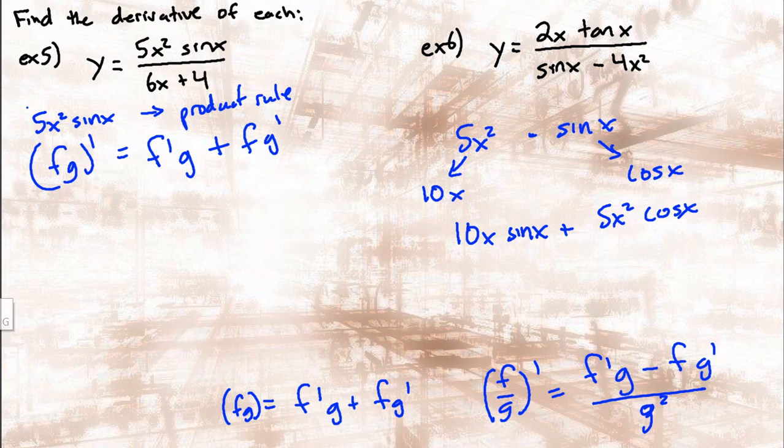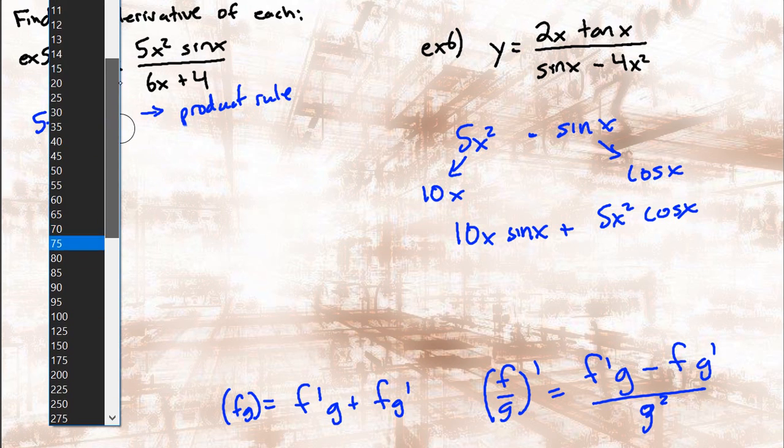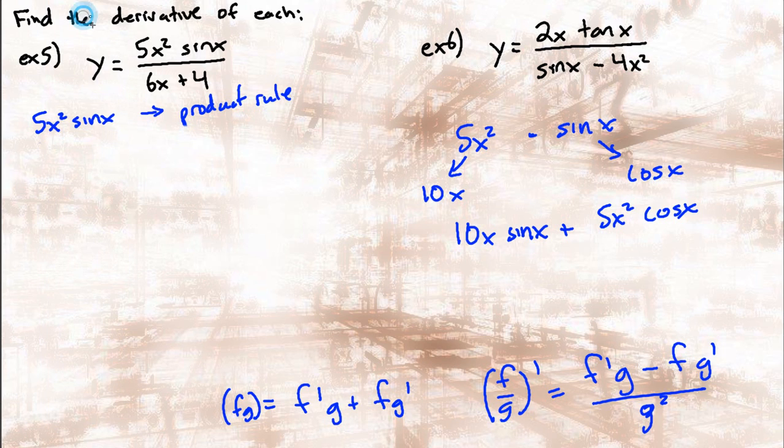So, over here on the left, I'm going to go ahead and write that in. Now, using all f's and g's could get a little bit confusing, but know that I am just separating them out.